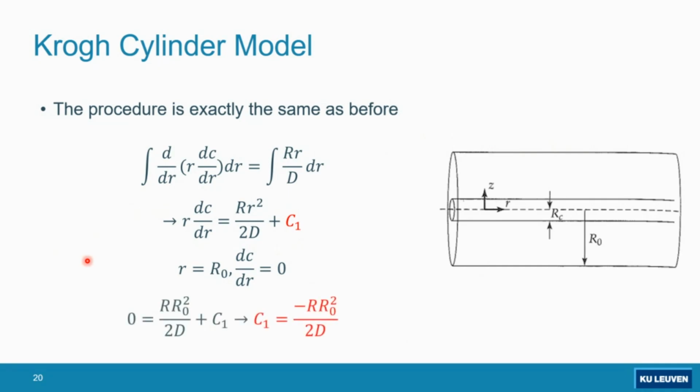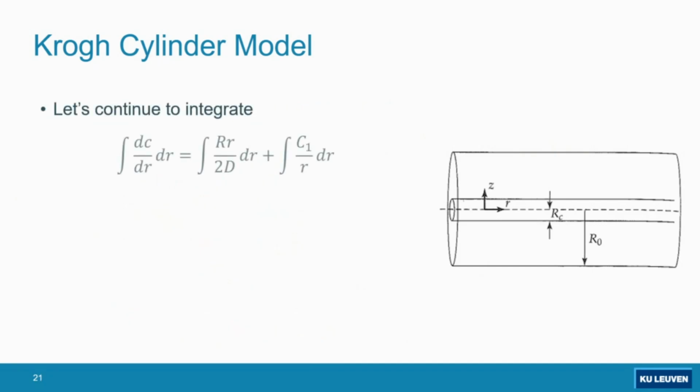So let's go. Applying this is simple, and we can see that C1 is in this form. If you replace this value here, we still have derivative terms, so we need to go on and integrate the term.